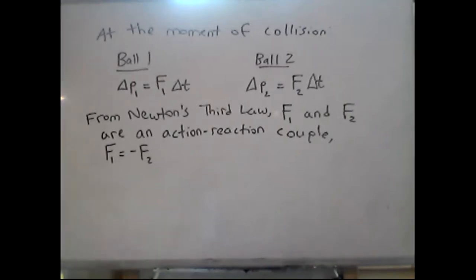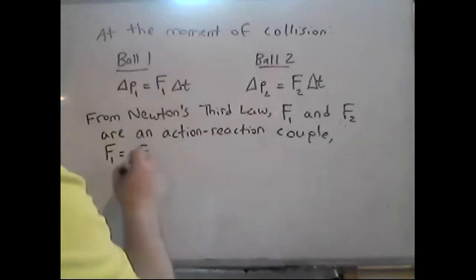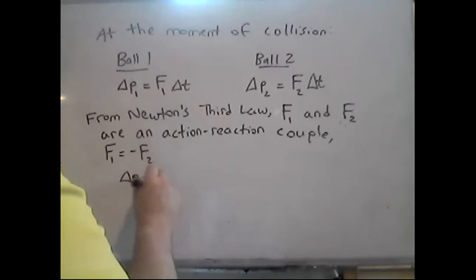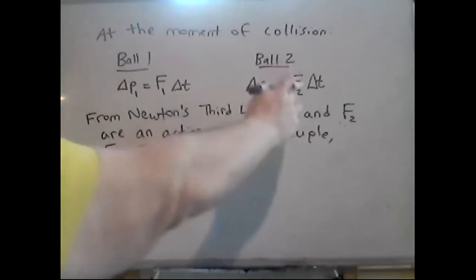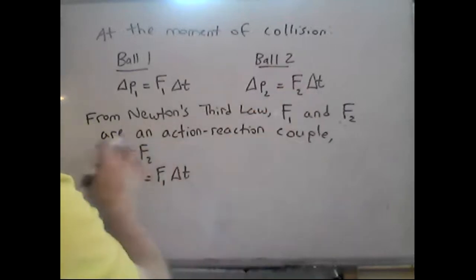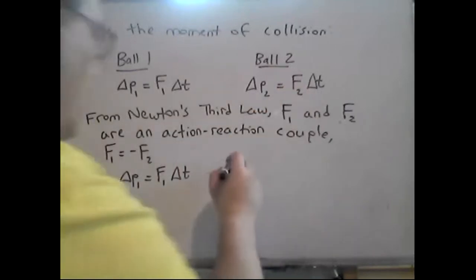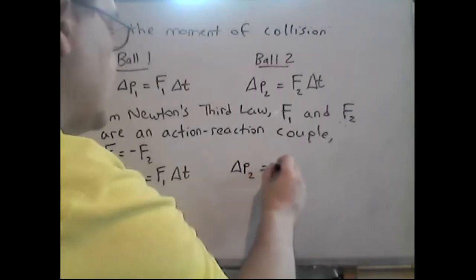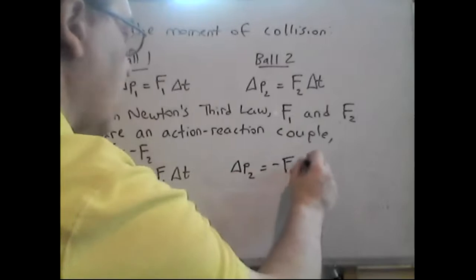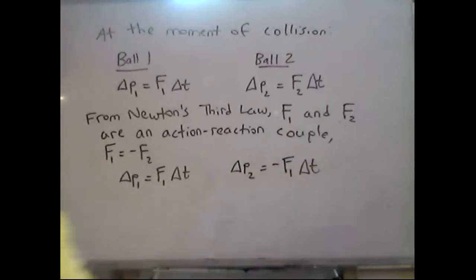So what I can say now is I can rewrite these equations. I'll leave ball one's equation alone. Delta P1 is F1 delta T. But ball two, instead of F2, I'll put negative F1. So now delta P2 is negative F1 delta T. Okay, I can say that because of Newton's third law.